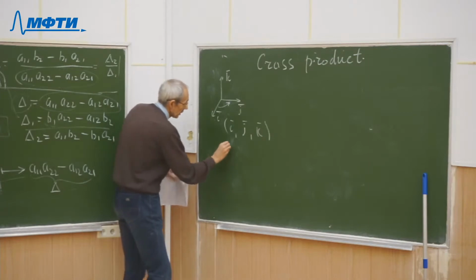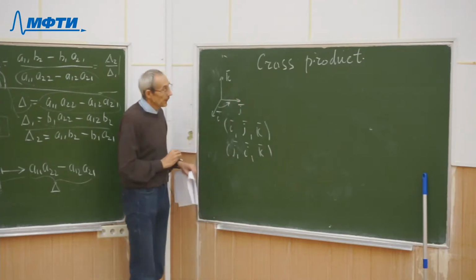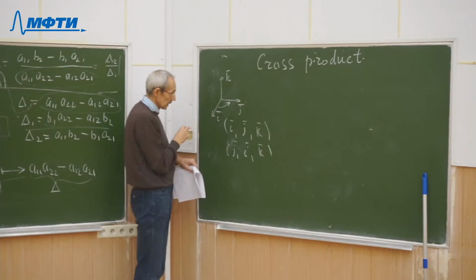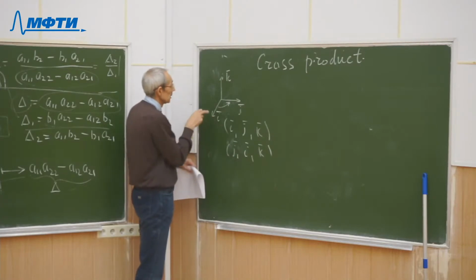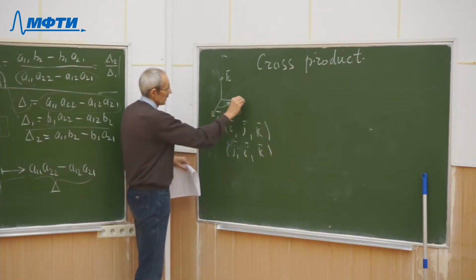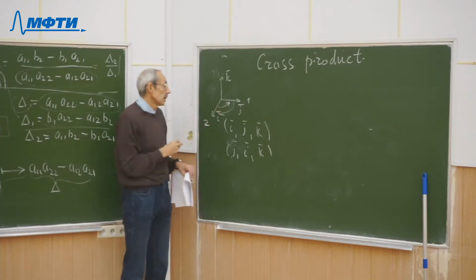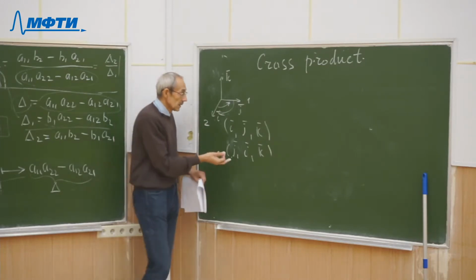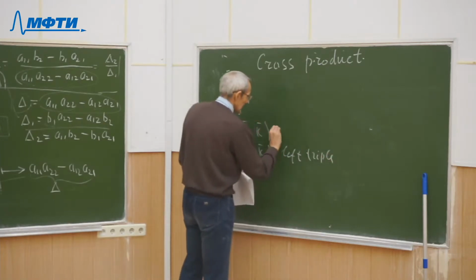But if we change two vectors, for example j, i, k, and look from the end of this vector, the shortest way of motion from the first vector to the second coincides with the way of the clock's arrows, and in this case we obtain a left triple.